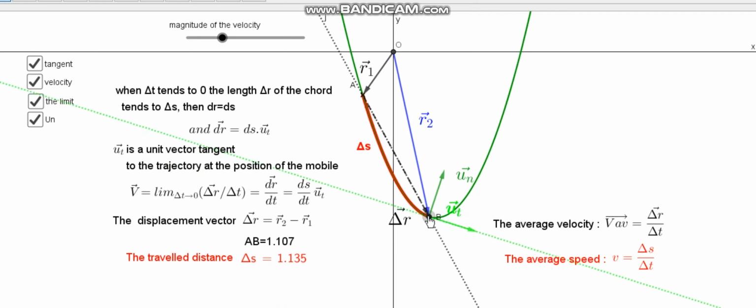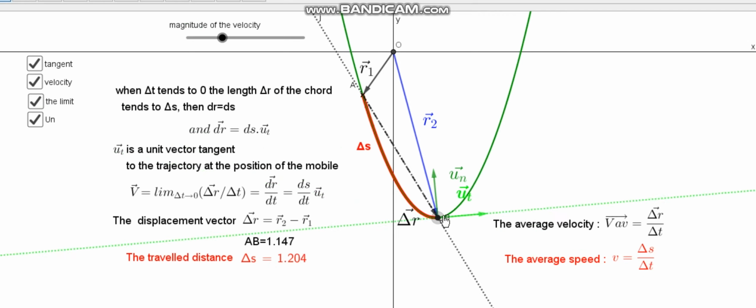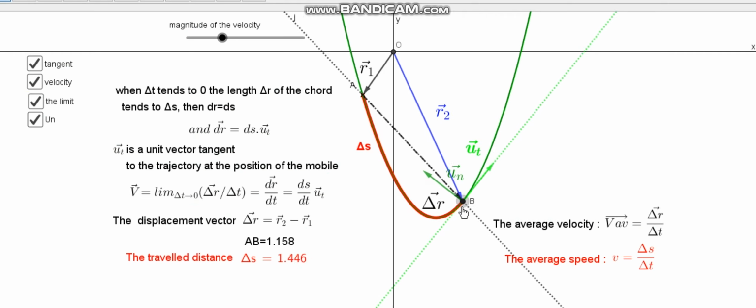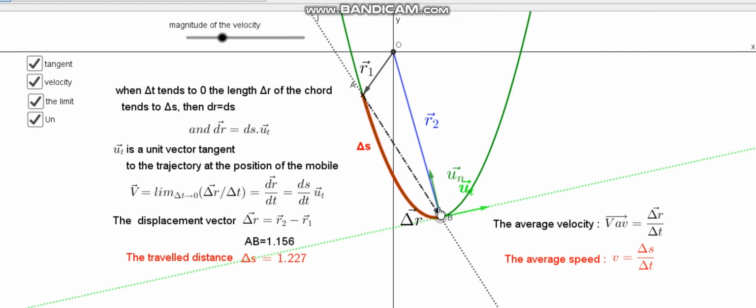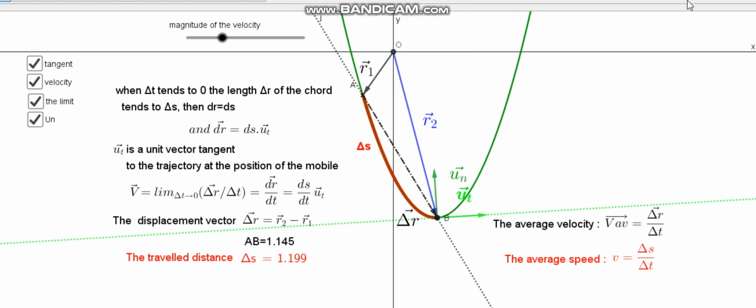It moves with the particle. This coordinate system will be very useful for the study of acceleration. We will see this in another simulation. Thank you.